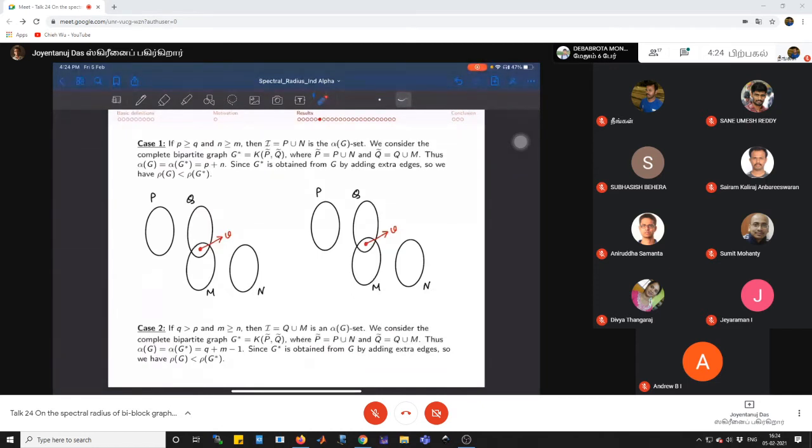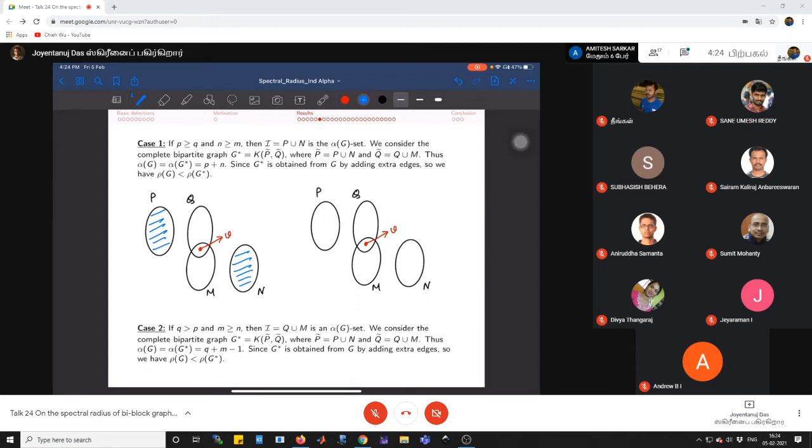The first case is P is greater than or equal to Q and N is greater than or equal to M. I will look at this part of the picture, and for case 2 I will use this. Since P is greater than Q, I choose this one, and N is greater than M, so I choose this.